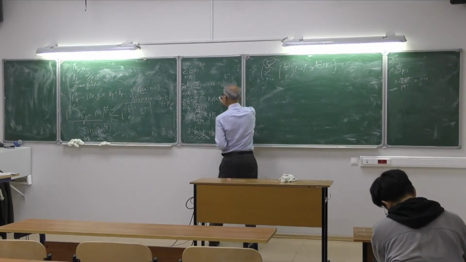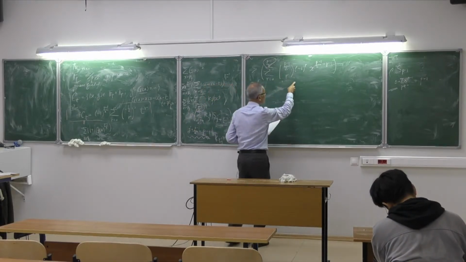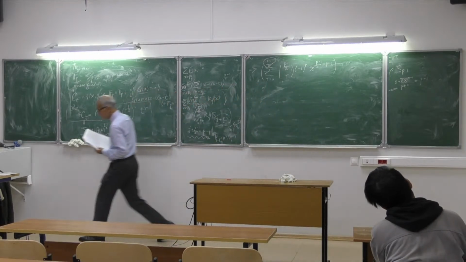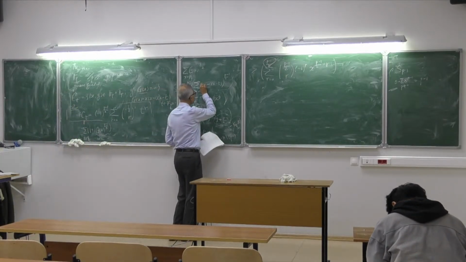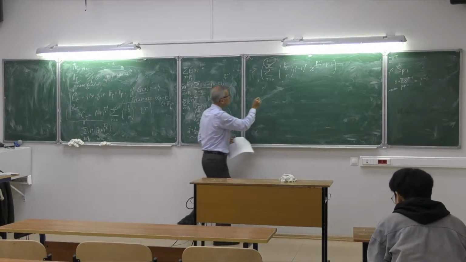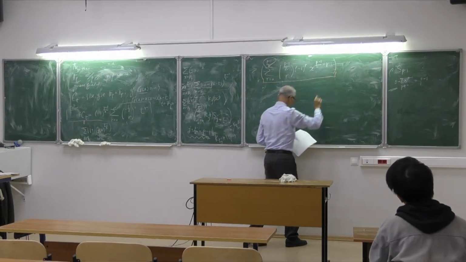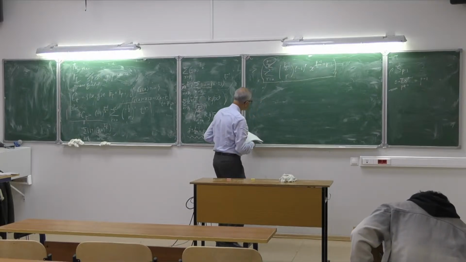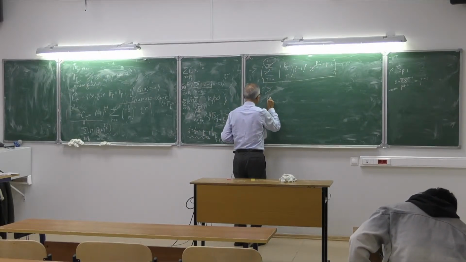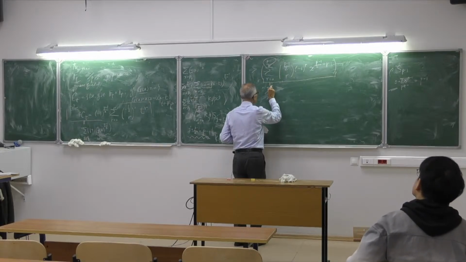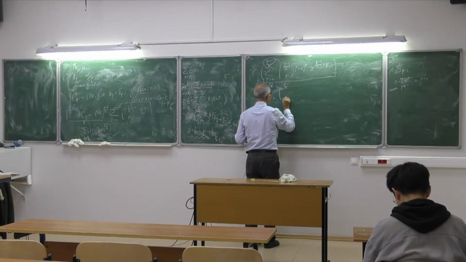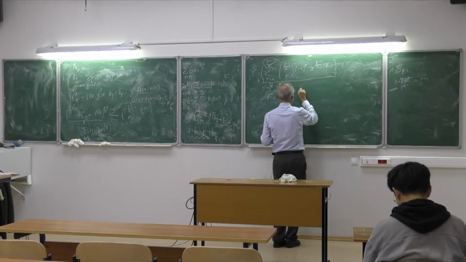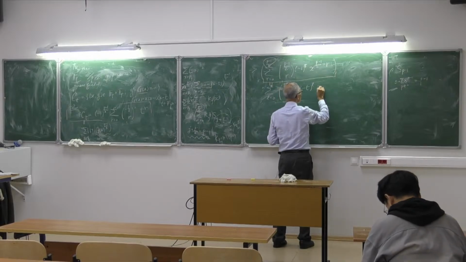Times, so this is x minus 1 to the power, okay, to be clear. So this factor comes from this, and for the other one, L times minus t to the power L. The expression is absolutely parallel, isn't it?